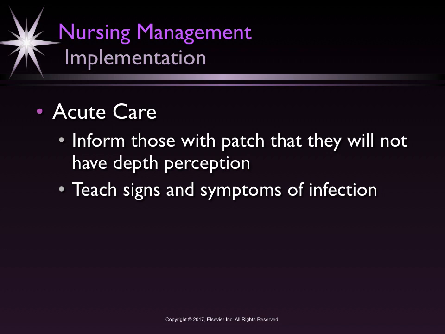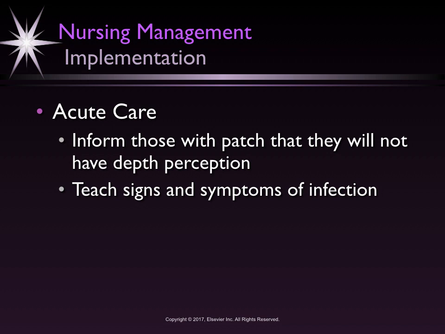That stereo, I've forgotten how it ends, but stereotactic vision that we have comes from both eyes and the input that both of our eyes give us. So when we take that away, we may lose some of our depth perception. So they should know that that may be an issue.